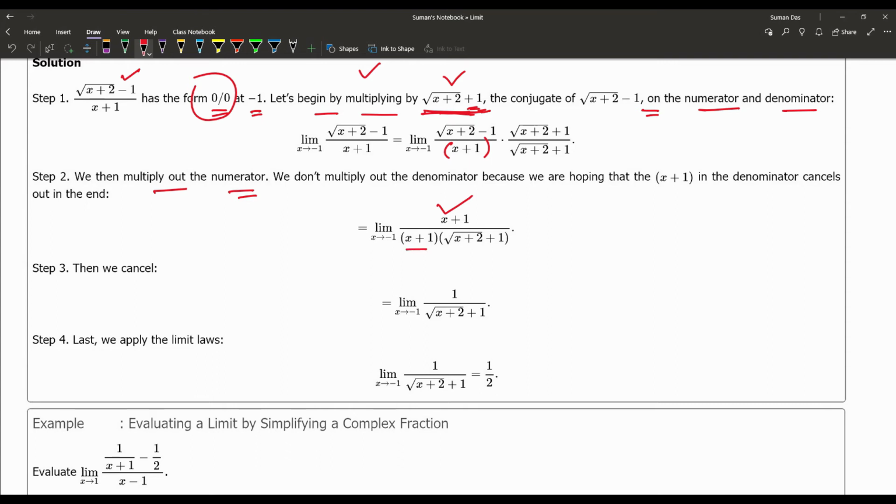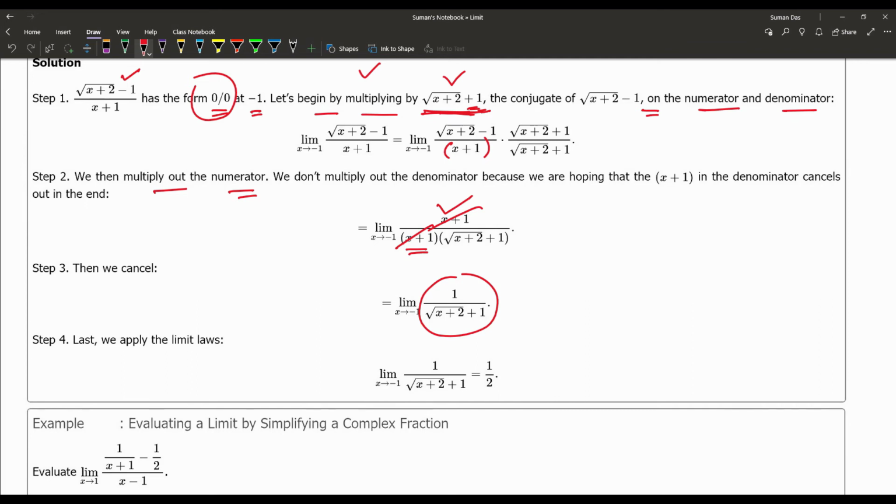Now we cancel this x plus 1. Now the function is just 1 upon the square root of x plus 2 plus 1.